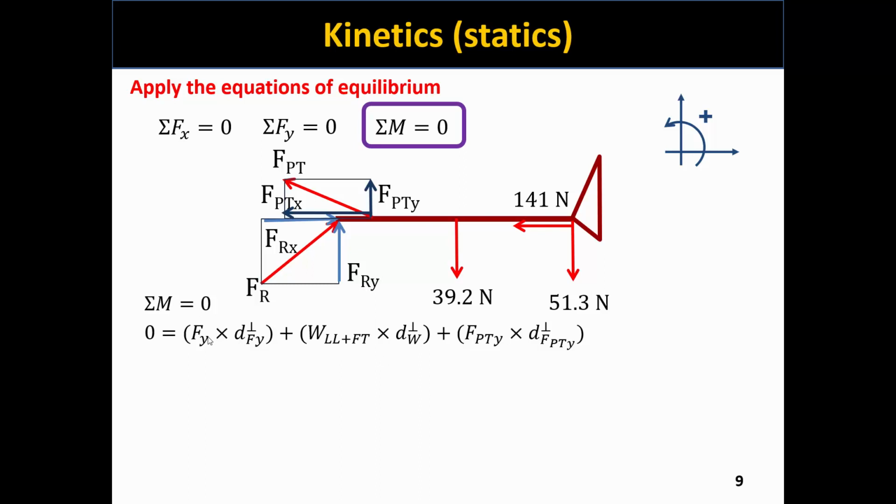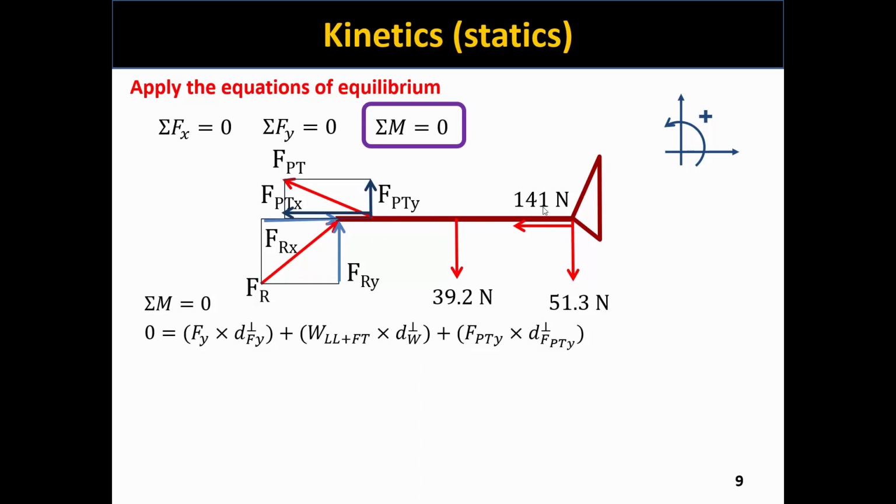So we start on the distal end. We have Fy, which is the force of the elastic band, and we'll take a look at this one right here, 51.3 newtons. And notice that this vector, sitting on an infinite line of action, that line of action does not go through the axis of rotation, and at a right angle it has a physical separation from it.